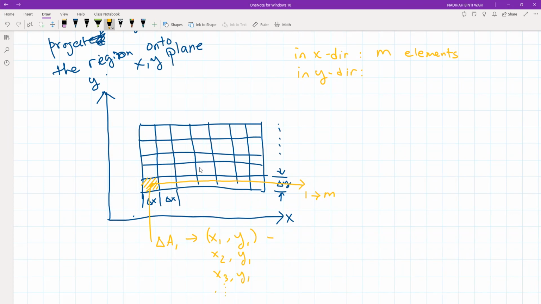So I want to show this. In the X direction, and in the Y direction, I said I have N elements. Same thing. I start from A1 also, but Y is changing from Y1, let's say this is Y1, and then this is Y2, until 1 to N. So I have N number of elements. Just keep in mind.